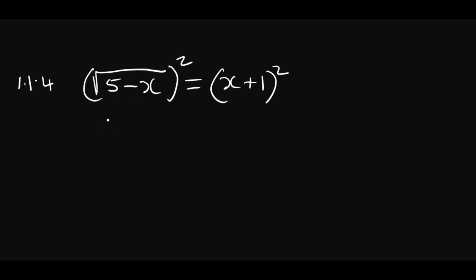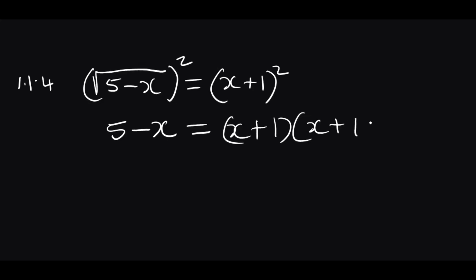Right, on the left hand side, we will have 5 minus x, which is equals to x plus 1 all squared.